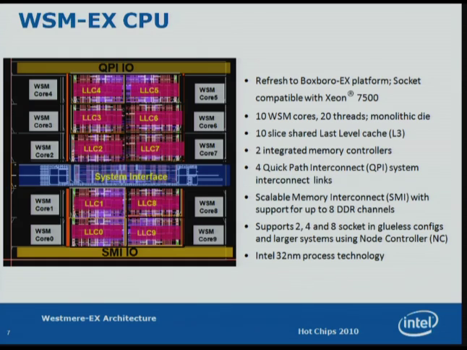The way it connects to memory is through a high-speed, scalable memory interconnect, and then eventually hooks up to 8 DDR channels. With this CPU, we can support either 2-socket, 4-socket, or 8-socket glueless configuration. You can also scale up to much larger systems using a node controller. And of course, it's built on the Intel 32 nanometer process technology.